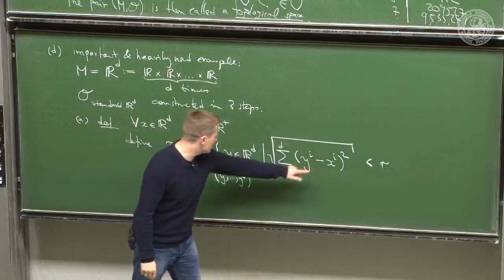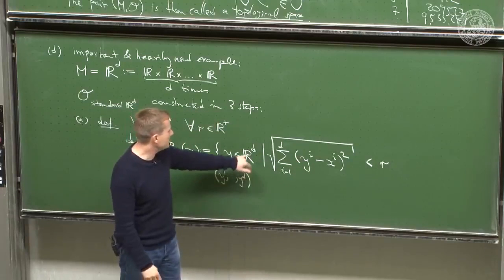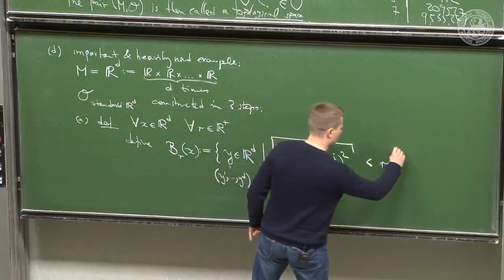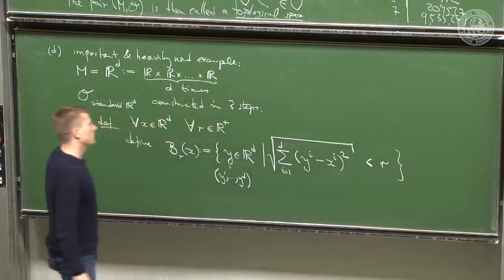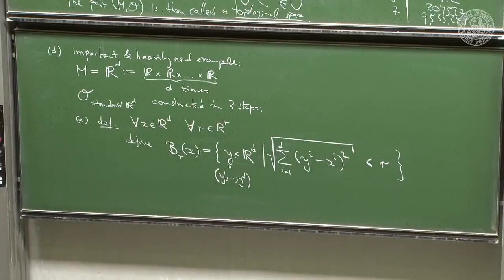So the x from here is in there, the r from there, and it's for all y in R^d, so it's restricted comprehension. We can do that. We define this funny set.